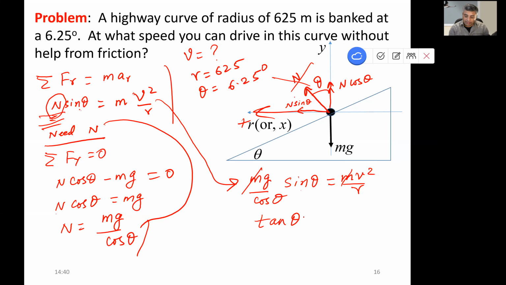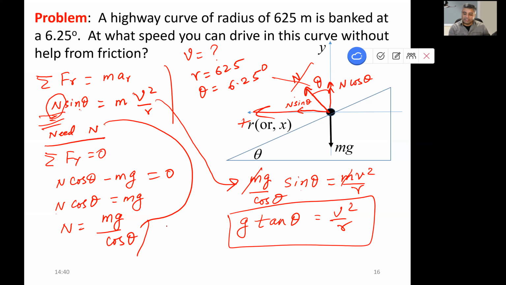Oh, tangent theta. Okay. So when you have banked motion like this, this is the standard equation you get, okay? So now, depending on what is given and what you want, you can use that and solve problems.